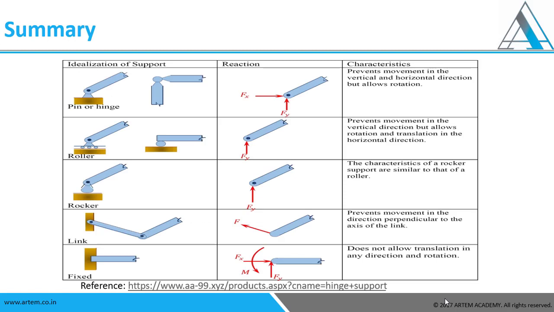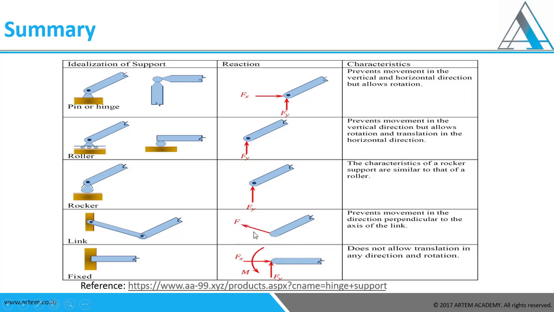To summarize all these things, some information is given here. In the hinge, as we are allowing rotation, only reaction forces will happen. In the roller, only the Fy direction. Rocker is also Fy with some limited rotation. Link, you can see, is normal to that direction, that means the force is perpendicular to that direction.